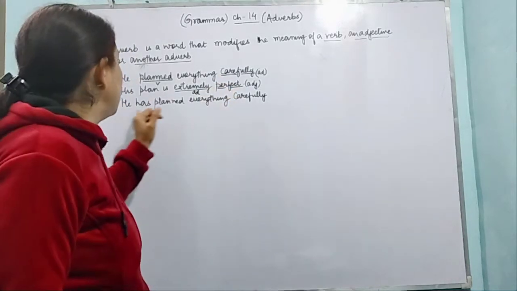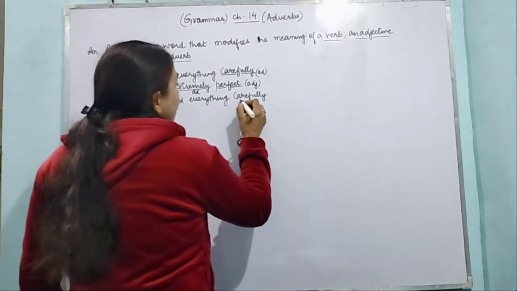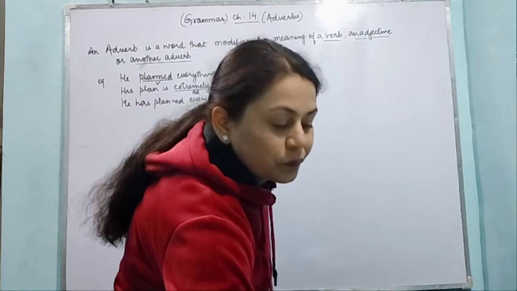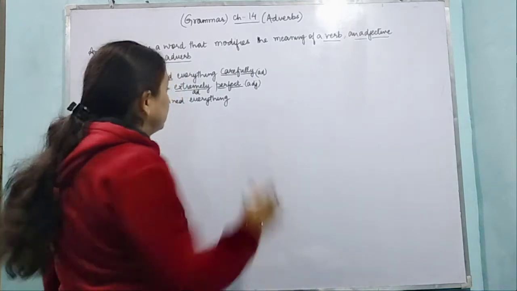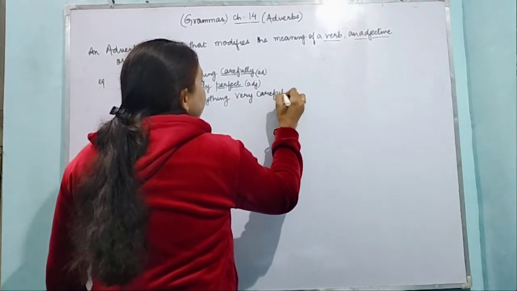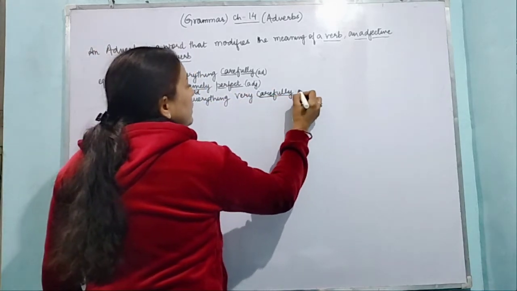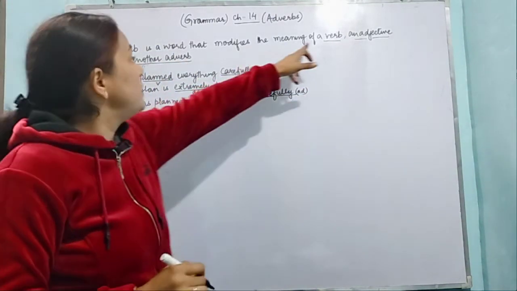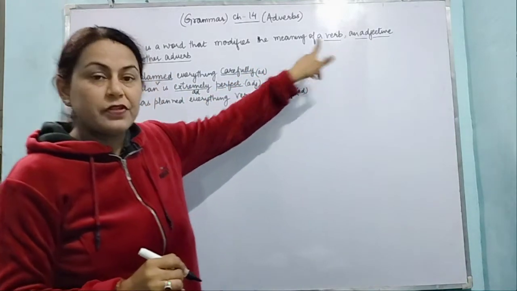ठीक है. ही हैज प्लान्ड एवरीथिंग केयरफुली. नाउ हियर very carefully. Very carefully. Now here again carefully is our adverb. ठीक है, हमारा देखो इसमें इसने क्या किया, इसमें इसने वर्ब को मॉडिफाई किया in the first sentence.